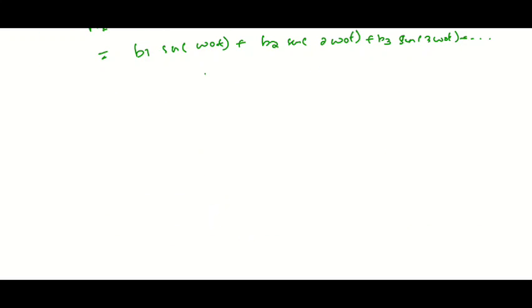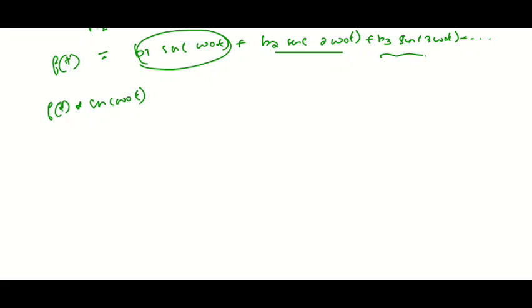To find b1, if I multiply this f of t by sin omega 0 t, the only one that is going to remain is this component, right? Because all the other components will be equal to 0 because of orthogonality. Because sin omega 0 t into sin 2 omega 0 t gives 0 itself. Likewise, sin omega 0 t into sin 3 omega 0 t will give us 0 itself. Okay, we are going to use this principle for finding b1.